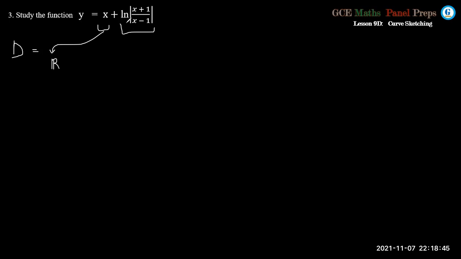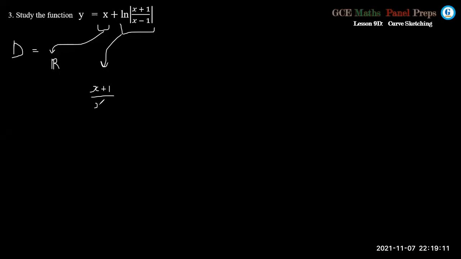So this second part, let us see. This second part will be defined. Since there's an absolute value now, whenever there's the absolute value, this one will be defined, because if we put a negative number here, no problem, the absolute value will convert it. So this one will be defined if this x plus 1 all over x minus 1 is not equal to 0.